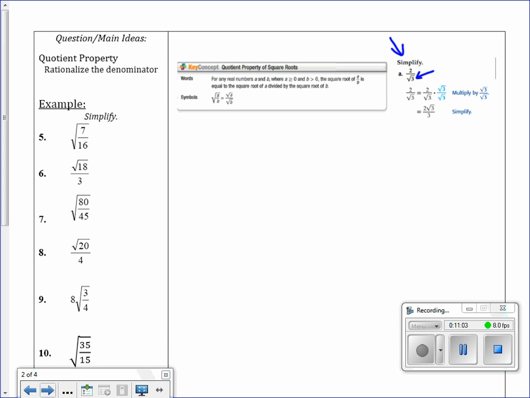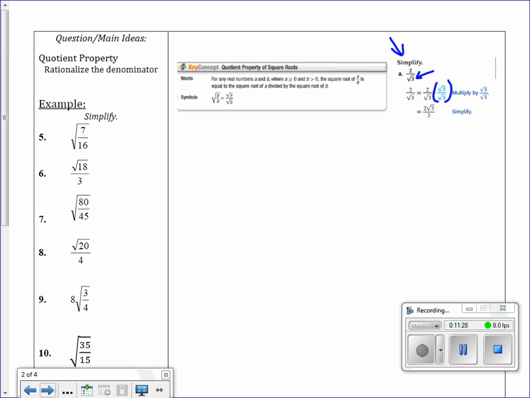So the value of the fraction will remain the same. So we can go ahead and multiply both the numerator and the denominator by the square root of 3. And we end up with 2 times the square root of 3 all over 3. And we'll talk about that a little bit more when we get to problem number 10.